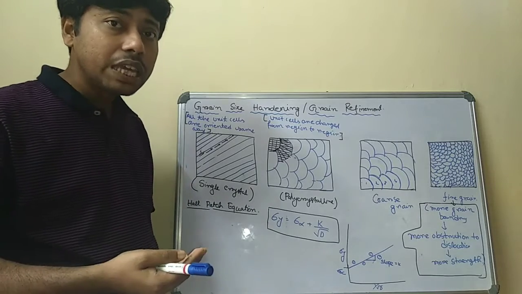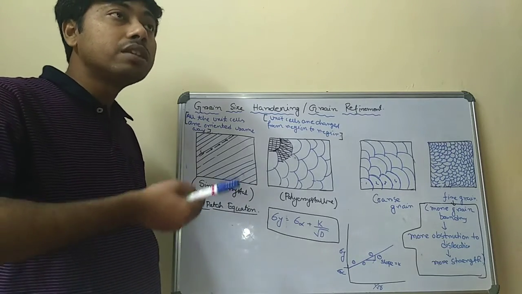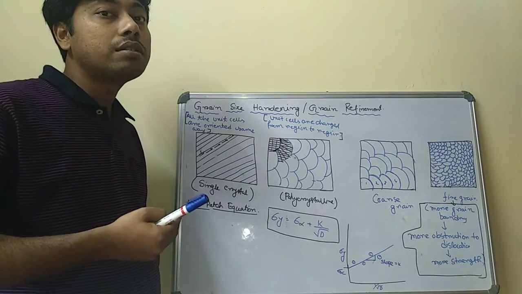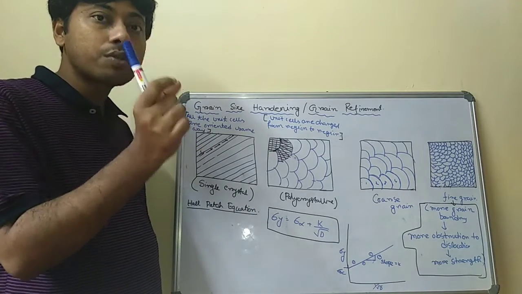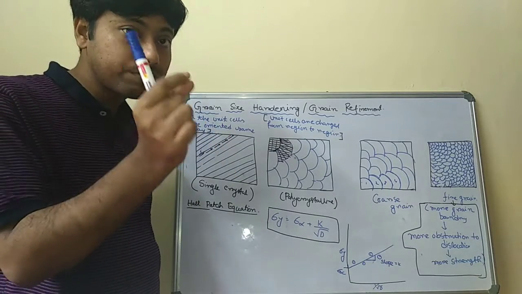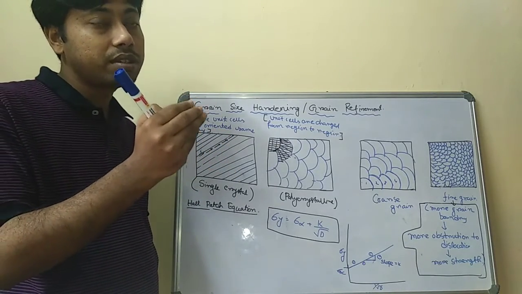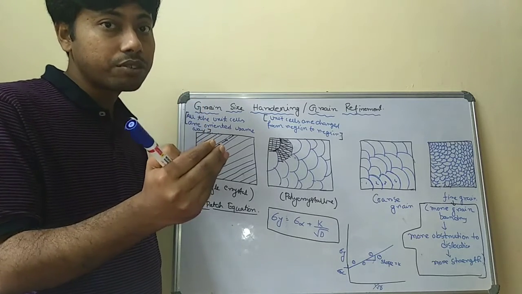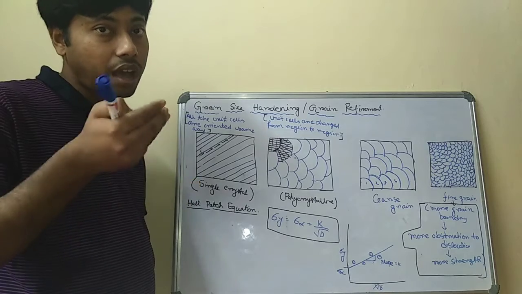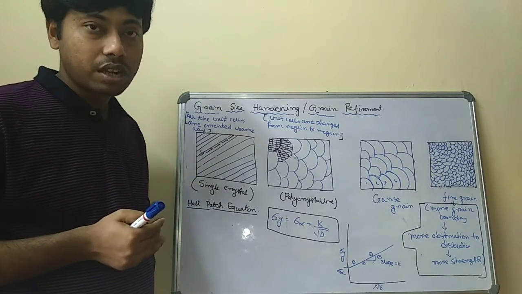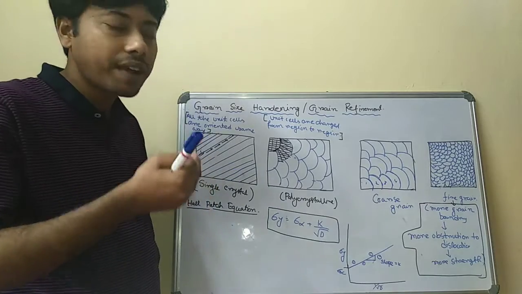So if you decrease the size of the grain, that means if you produce fine grain within the material, you can produce high strength. In this way, by means of grain refinement, you can achieve very high strength compared to the coarse grain structure. This is called grain size hardening or grain refinement.